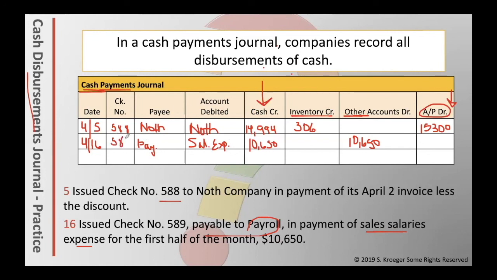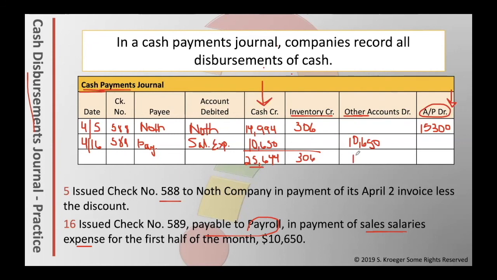Now that we're done, we would add up the columns. When you add up the cash column, it would be $25,644. You would go into the ledger for cash and put this in as a credit. Inventory, 306. You would update that ledger account.